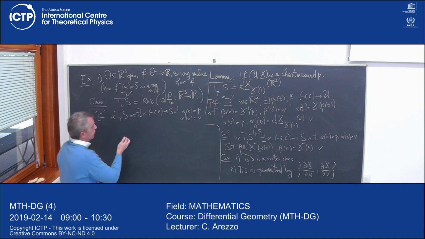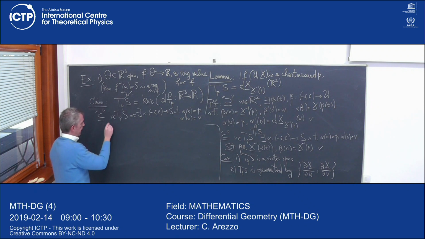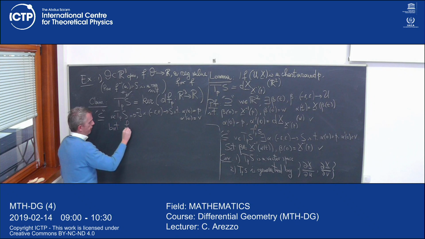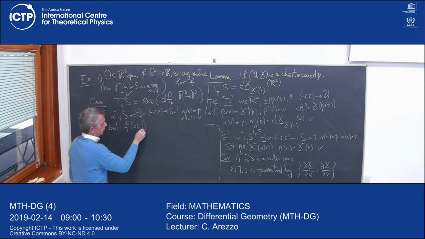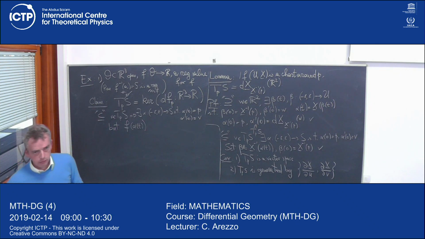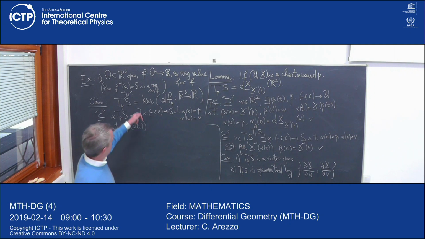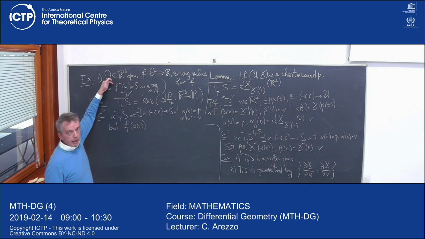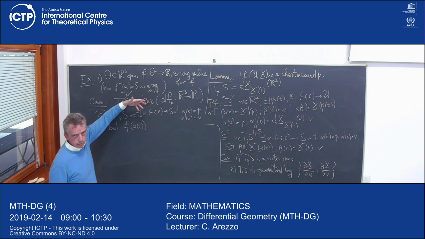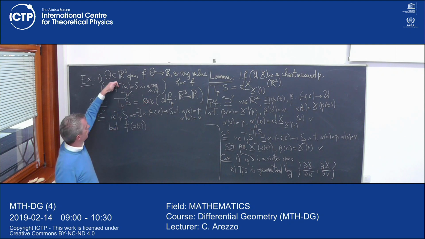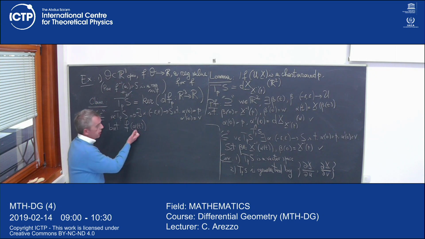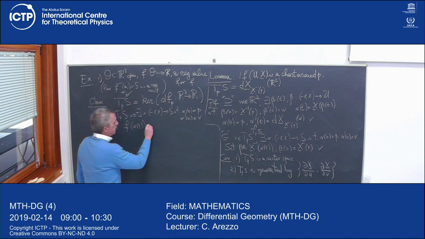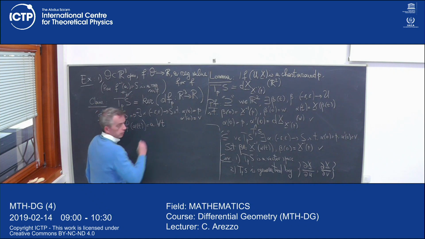Very good. So how much is f of alpha of t? Alpha of t lies in S, and S is the inverse image of a, so f of every point in S has to be a, in particular for the points of this curve. So this is equal to a for any t.